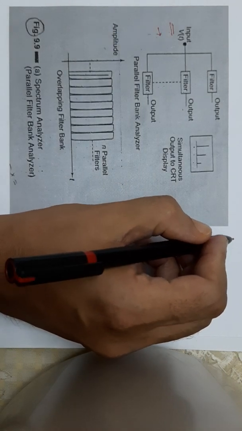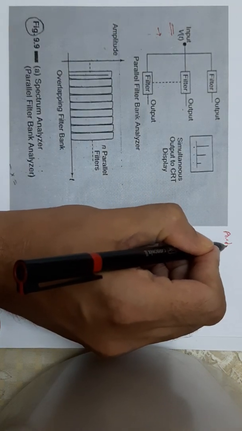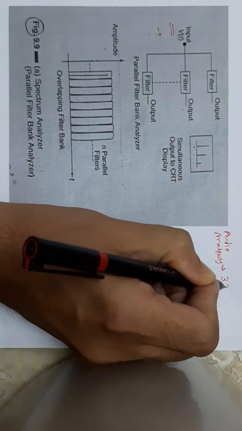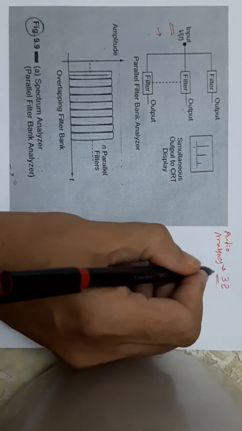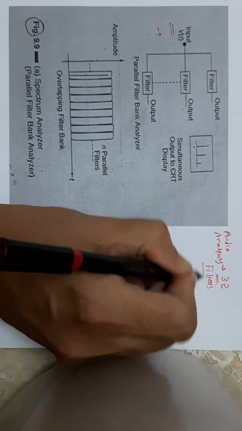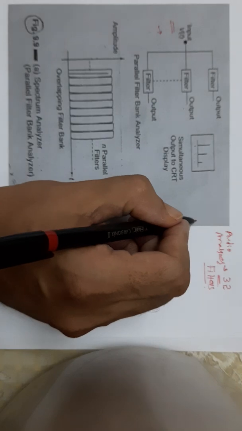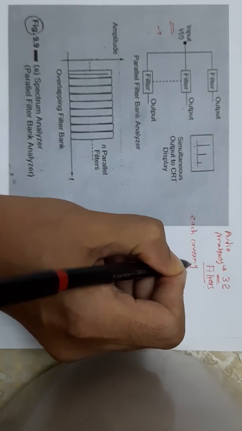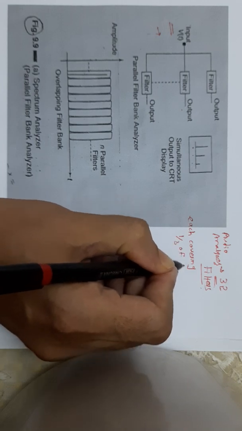Typically, an audio analyzer will have 32 of these filters, each covering 1/3 of an octave.